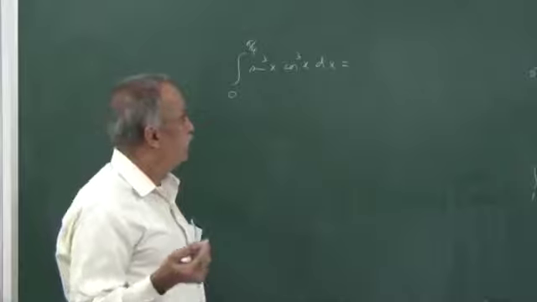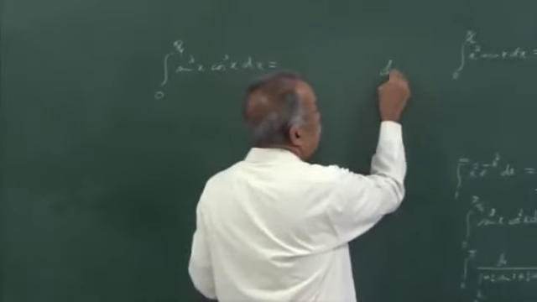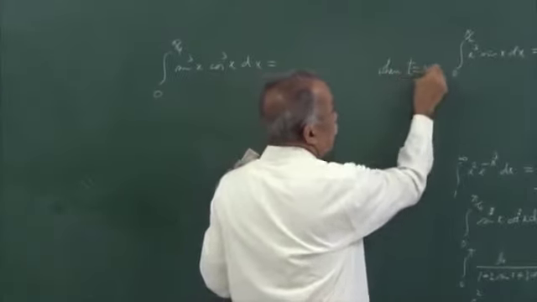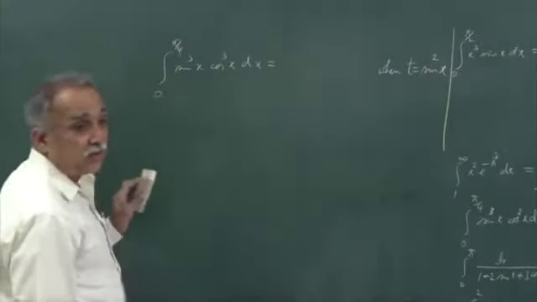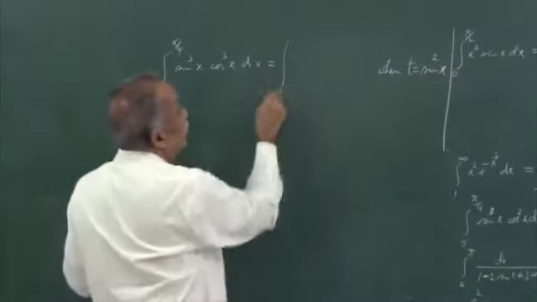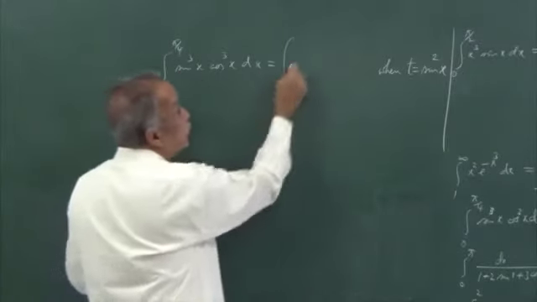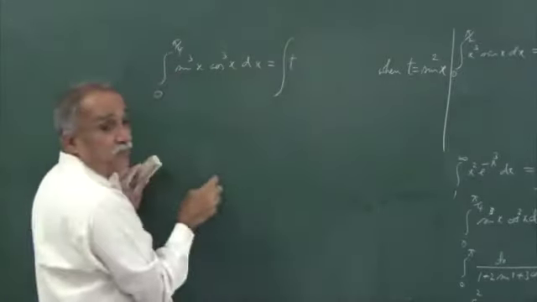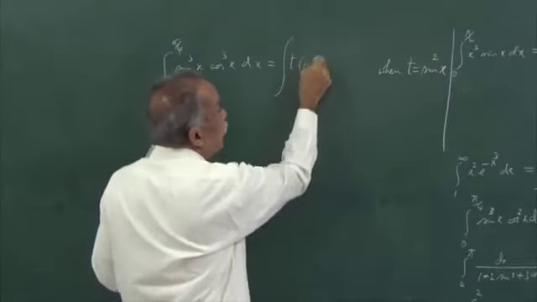Okay. The idea I had in my mind is the use of the substitution t equal to sin square x. What happens? One part of this first factor, sin square x, is t. One part of this second factor, cos square x, is 1 minus t.